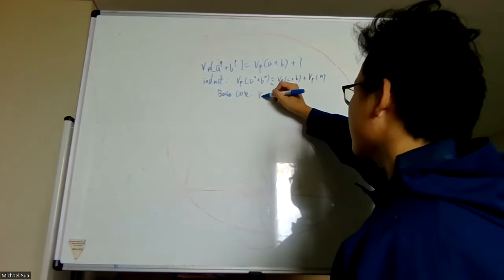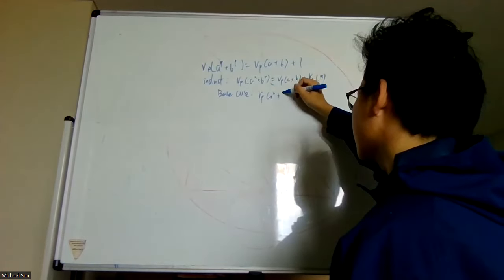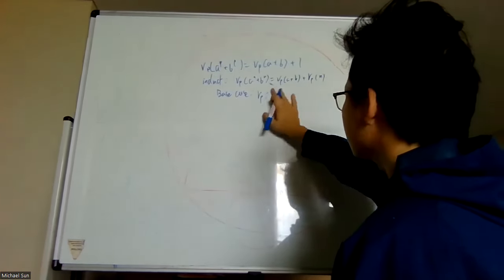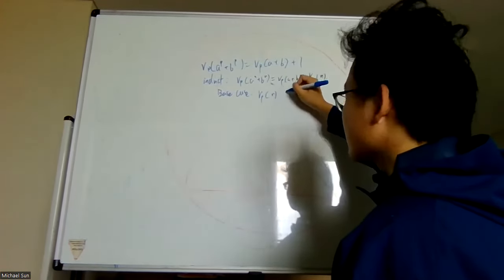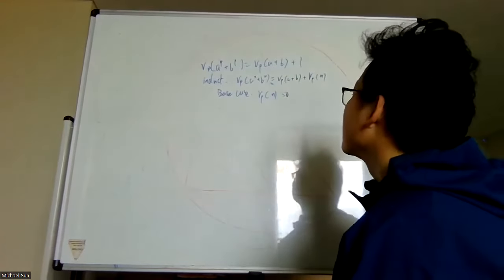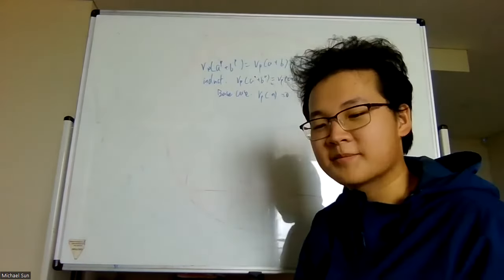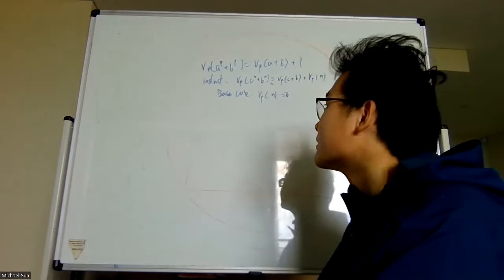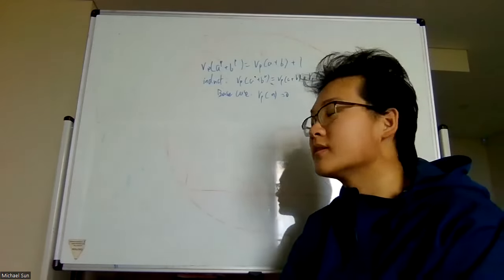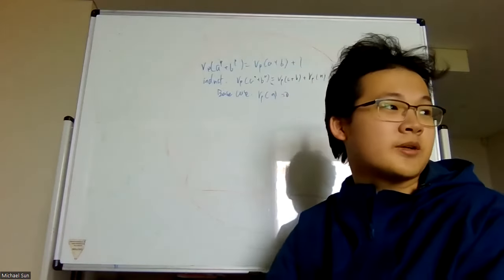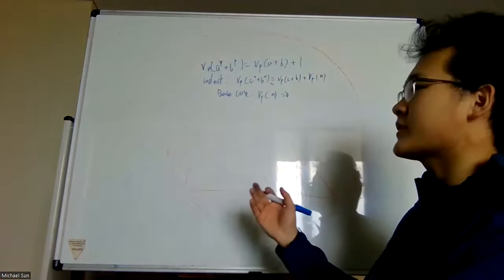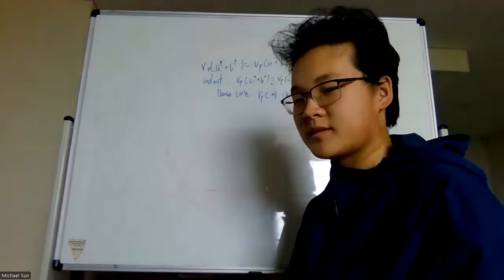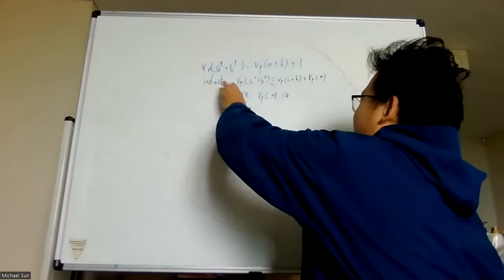Base case BP. And base case is theorem 2. Right? Because theorem 2 just states when they're coprime. And then our base case is when we want to analyze it for when it's coprime. So base case is done. Now we induct.